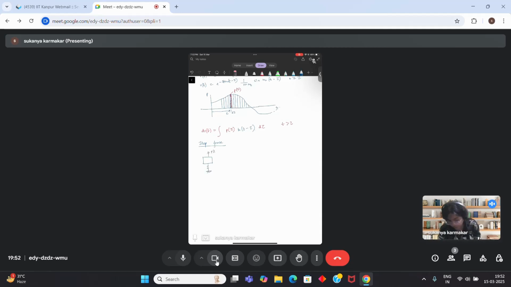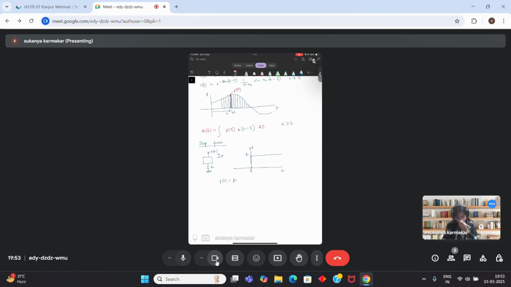The force is P of t, and this is the degree of freedom. When t is less than 0, the force is 0. Then the force increases to P naught. So P of t is equal to P naught.